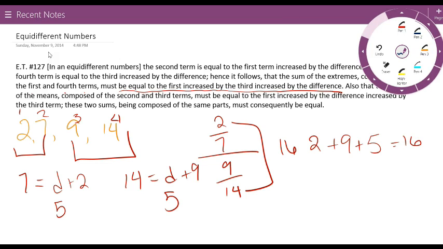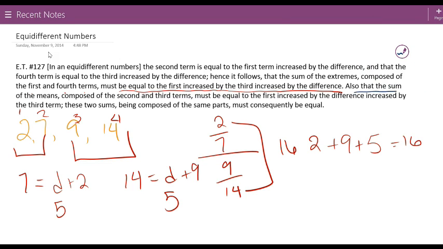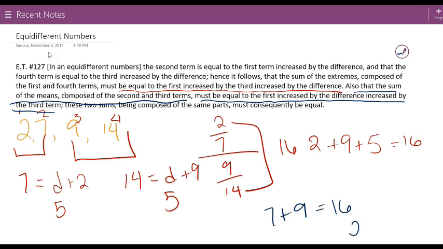Also, the sum of the means composed of the second and third terms, so 7 plus 9 equals 16, must be equal to the first increased by the difference increased by the third. So 2 plus 5 is 7.